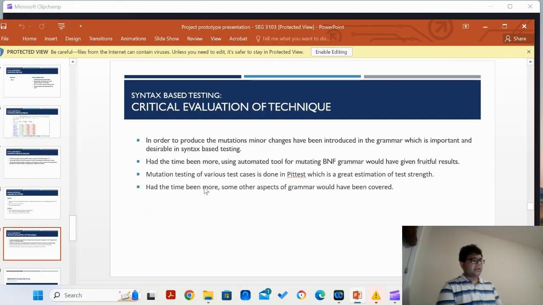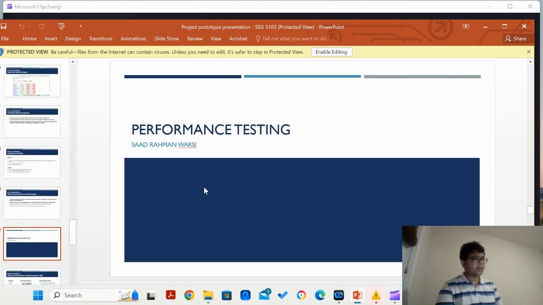I would say that mutation testing was done, which is a great estimate of the test strength, and minor changes are there in the grammar, which is important for syntax-based testing. However, if there had been more time, other aspects of the grammar could have been covered.